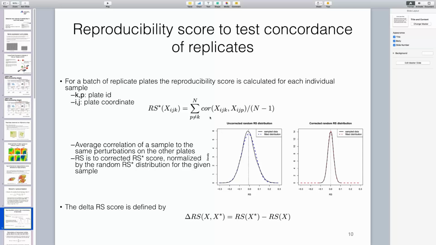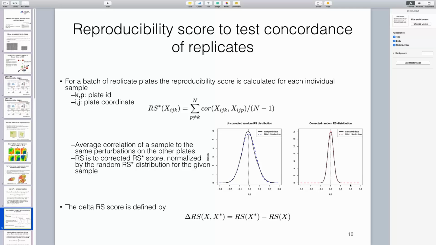Okay, so the blue curve is what we see before we do correction. Once we correct, what we would expect is that we decrease the random correlations of a sample to the other samples on the other plates, and that's generally what we will see. We'll see a much narrower distribution, and then hopefully the replicates will maintain their correlation.